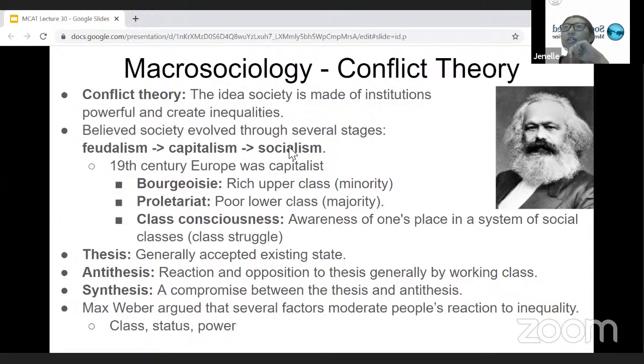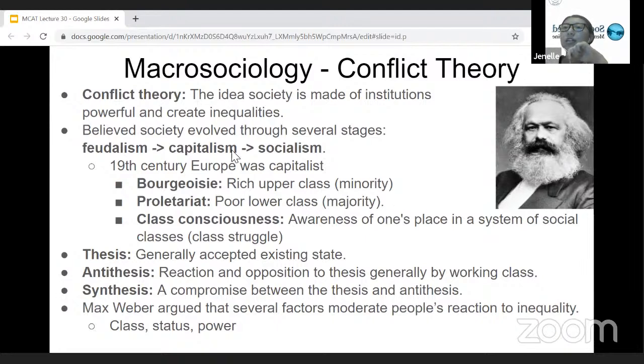The example that Marx points to when talking about capitalism happens to be 19th century Europe, which was broken down into the bourgeois class, which is the rich upper class, a minority of the population at that time, and the proletariat, which were considered the poor lower class, which was the majority of the population.